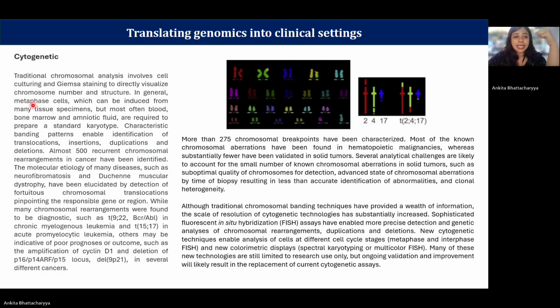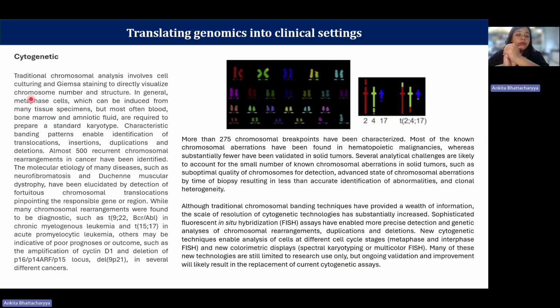Now, when we say a karyotype, what do we exactly expect to see there? You expect some very characteristic banding patterns. The Giemsa stain is taken up at those locations, which enables the identification of any translocations, insertions, duplications, or deletions.